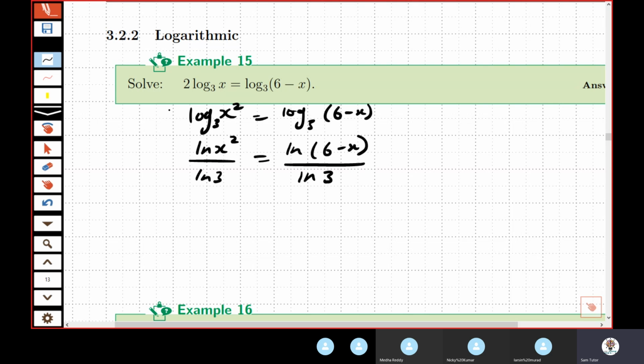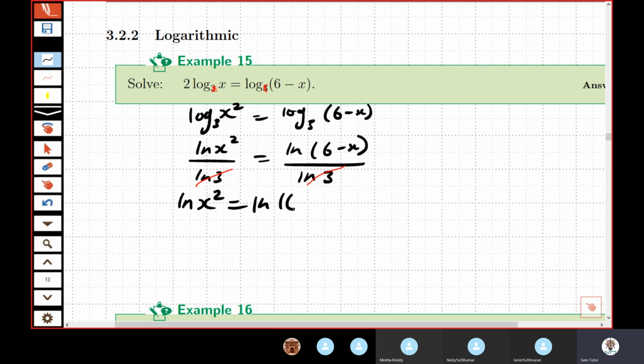Now what you'll learn eventually is if you've got 3 and 3 here, you can actually cross them out, because when you put it as a fraction, essentially you can cross them out anyway once you bring them to one side. So your bases or your sub bases will always cancel out. That's why from the beginning I was saying you can ignore them.